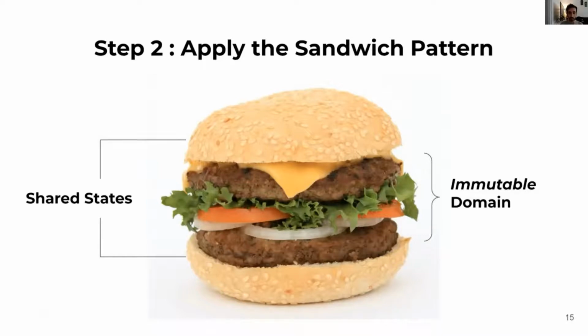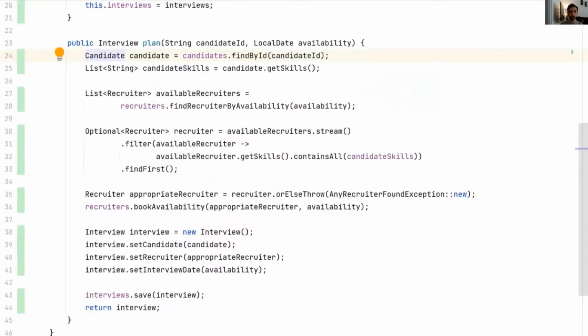So let's do this part together. So again, turn on your microphones and tell me if this line of code, the line 24, is a shared state. So what do you think?